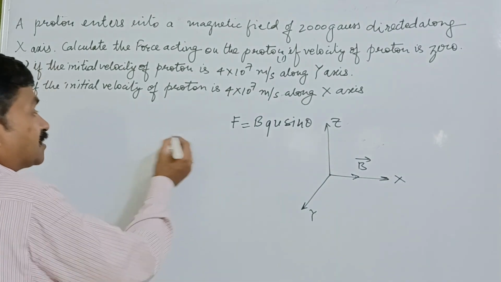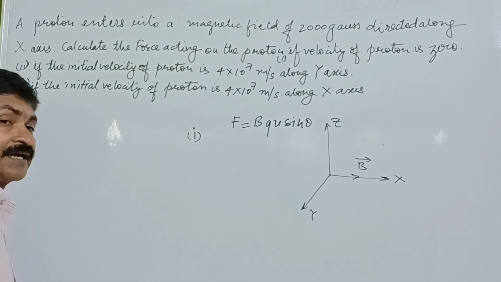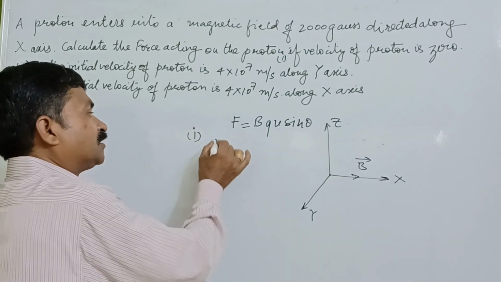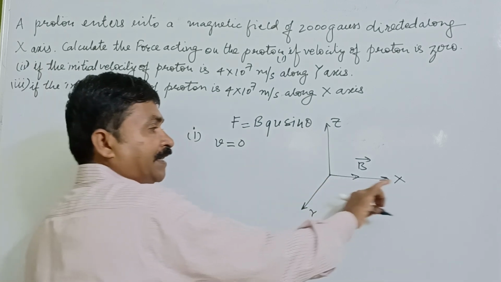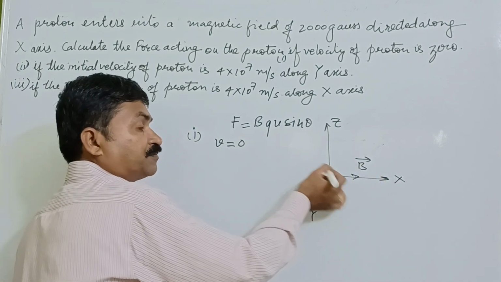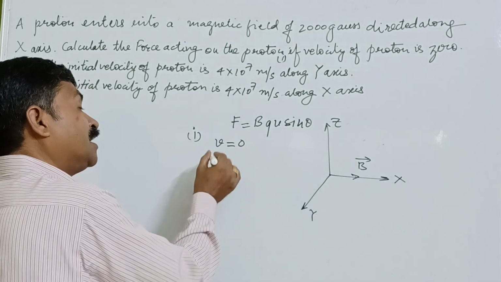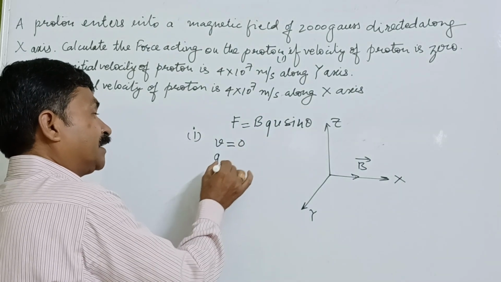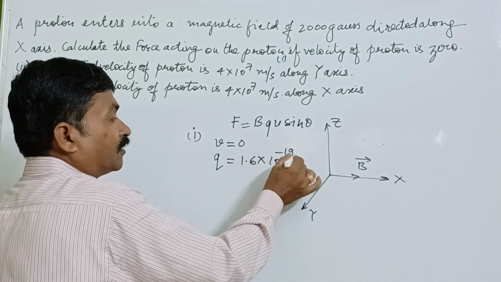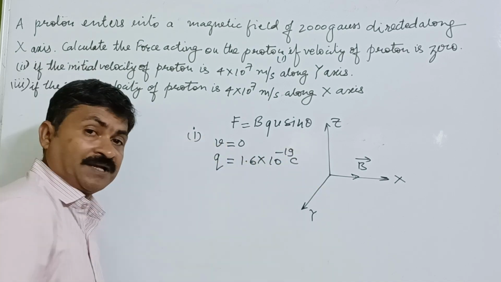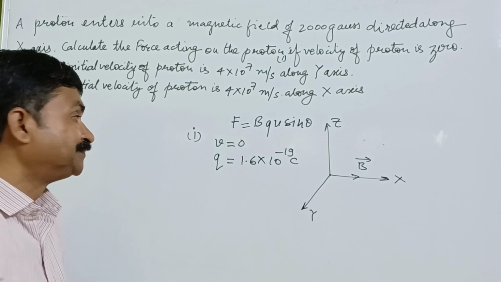So in the first case, the velocity is given as 0, and the magnetic field is acting in the x direction. The charge of the proton we know is 1.6 into 10 raised to the power minus 19 coulomb, and it has a positive nature.